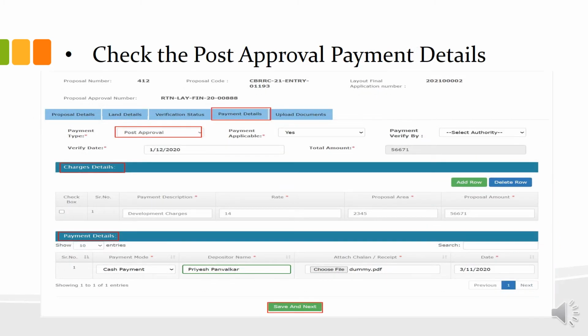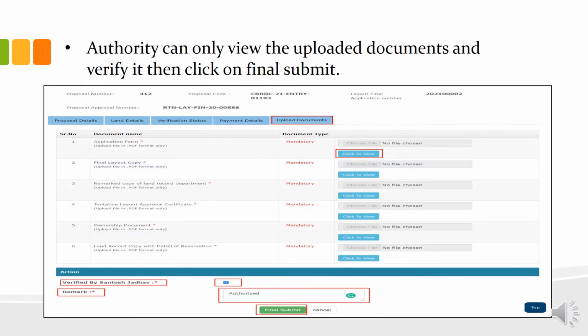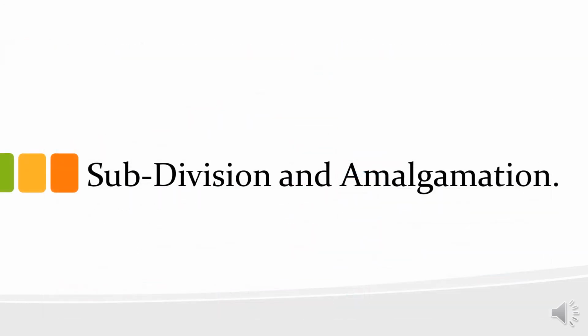Check the post-approval payment details and then click on Save and Next. Now the authority can view the uploaded documents, and after viewing the documents, the authority authorizes the documents uploaded by the technical architect and then clicks on Final Submit. Now the third service is subdivision and amalgamation in the layout permission.